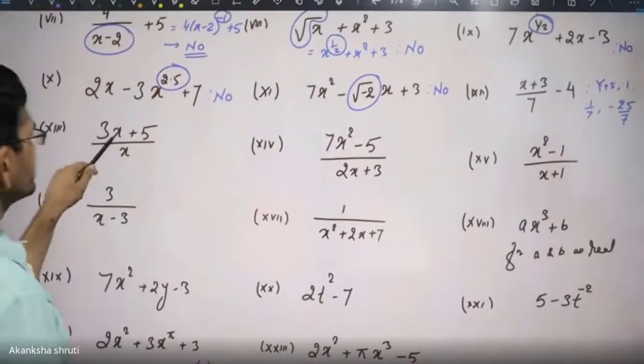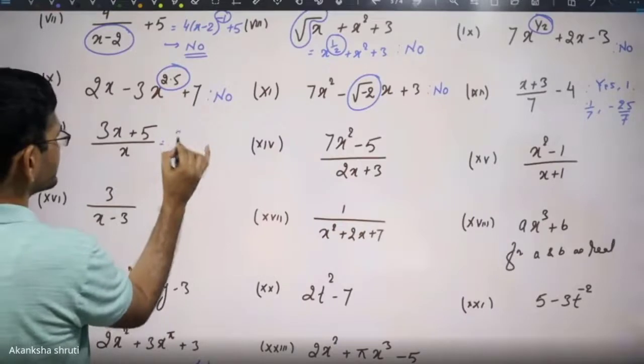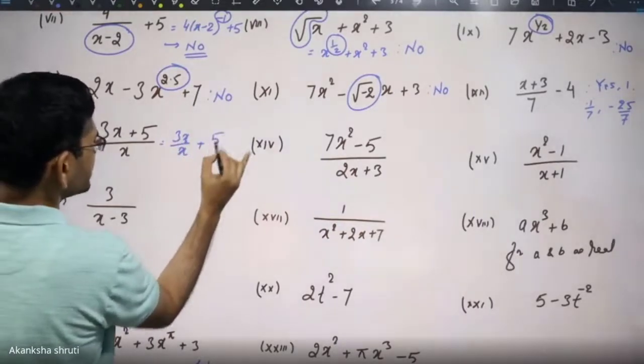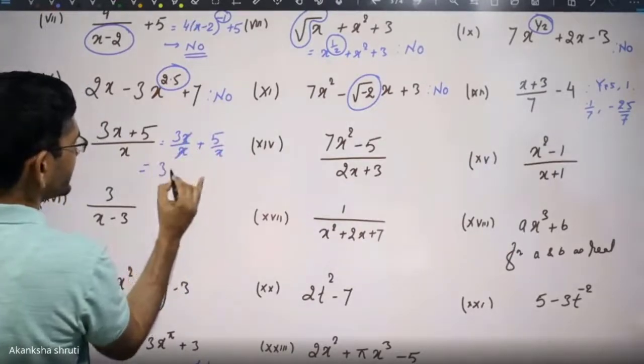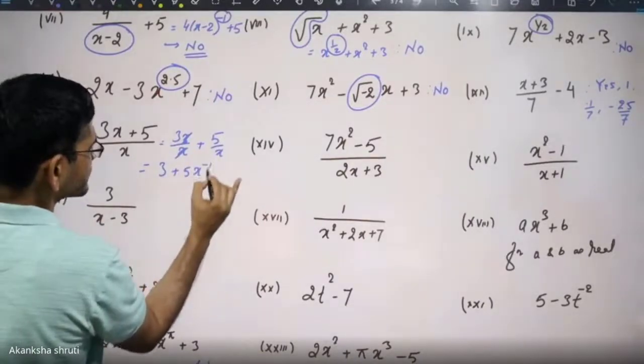Student, come to this one. Yes, is it possible? Go for dividing by x. So 3x by x plus 5 by x. This x will get cancelled, it is 3. But this x will not cancel. x to the power minus 1 will come, student.